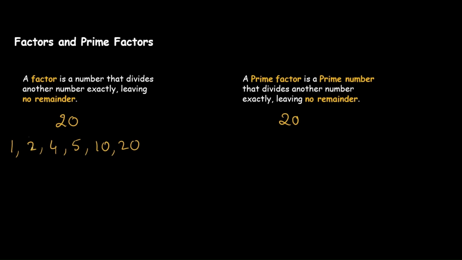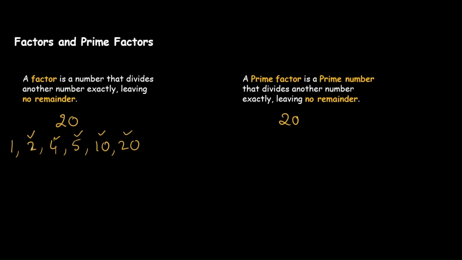So again, here we see a mix of both prime numbers as well as composite numbers being the factors of 20. 2 and 5 are the prime numbers, whereas 4, 10 and 20 itself are the composite numbers.